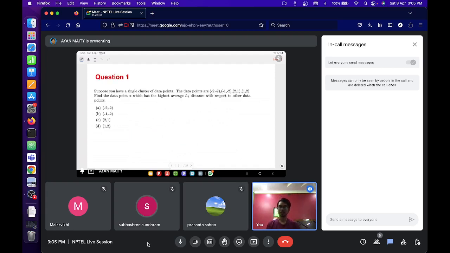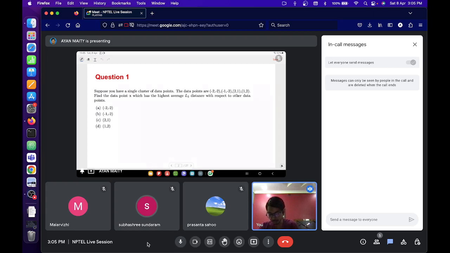So this is question 1. Suppose you have a single cluster of data points, and the data points are -2, -2, -1, -2, 2, 1, 1, 2. These are the 4 points that you have been given. Find the point x which has the highest average L2 distance with respect to other data points.